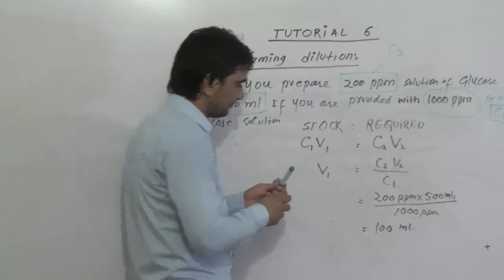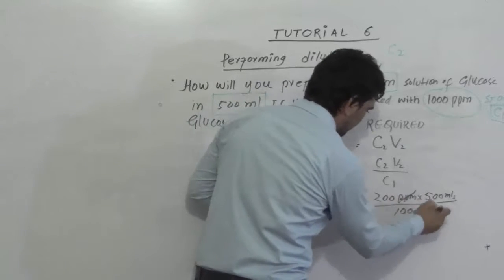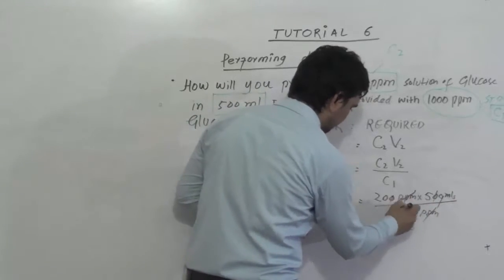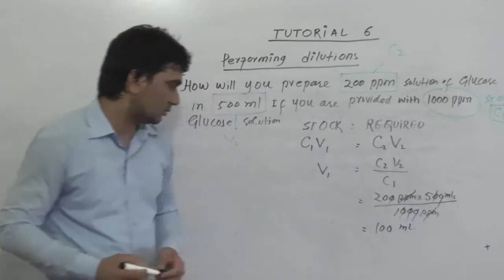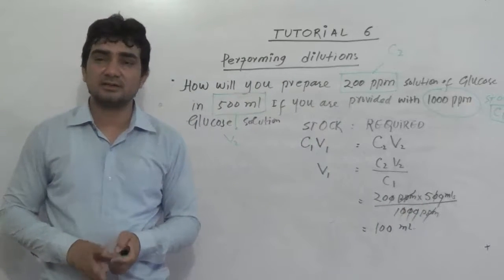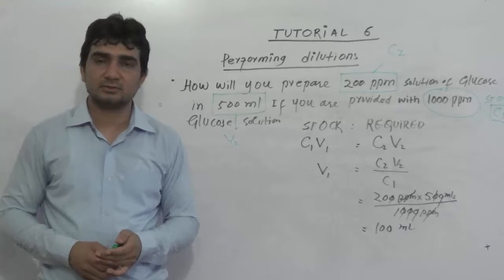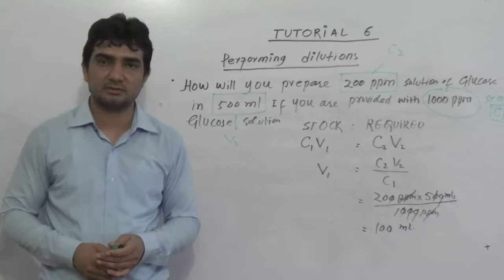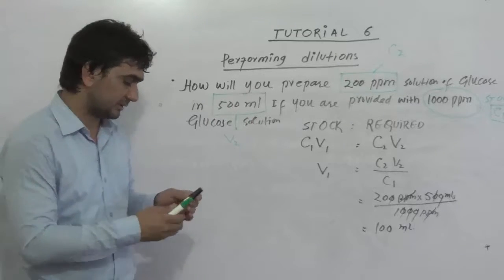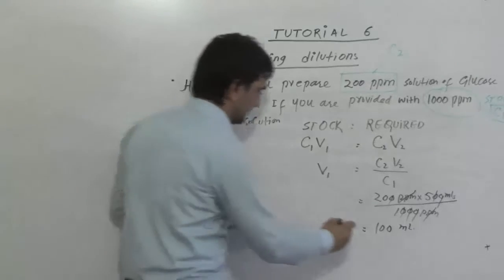Putting it all together, the ppm will cancel, and 2 times 5 is 10, so 100 ml of stock solution, 1000 ppm glucose solution, will be required to make this solution.